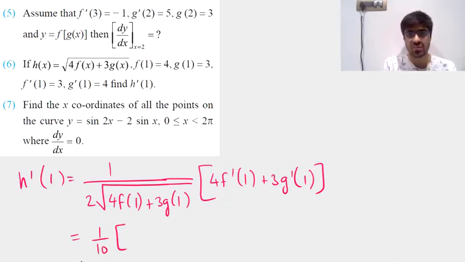F dash 1 is 3. So 4 into 3, that will be 12. And g dash 1 is 4. So 3 into 4 will again be 12. So 12 and 12 will be 24. And then 24 by 10. Write it as 2.4 or write it as 12 by 5. That's your call. But this is the final value of h dash 1. So h dash 1 will be 12 by 5.